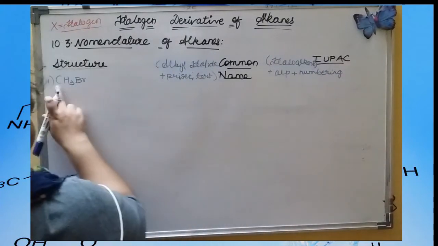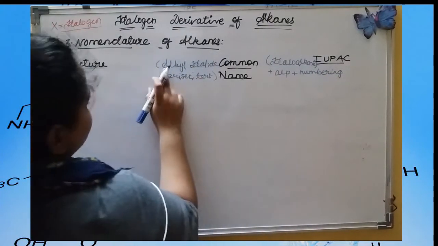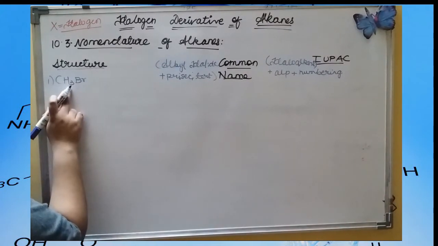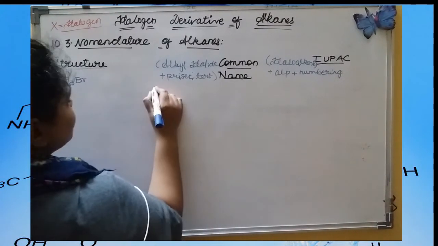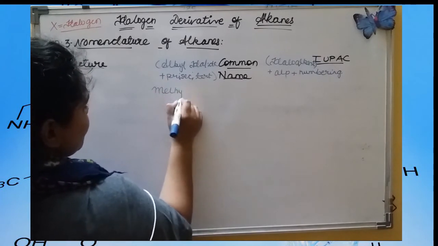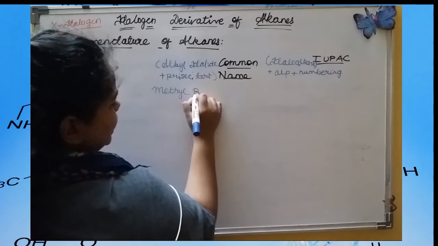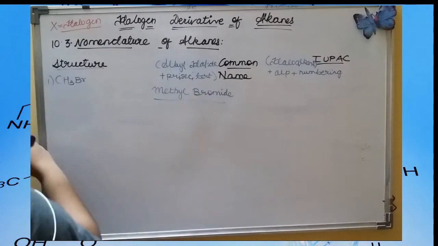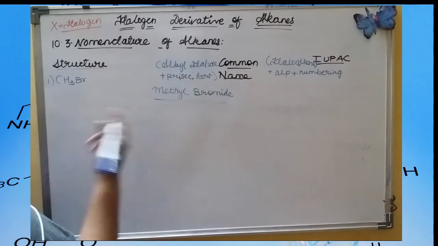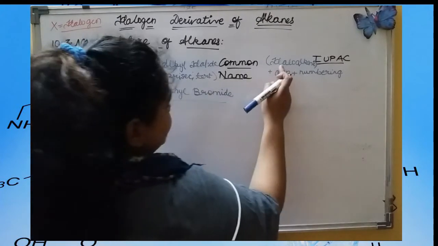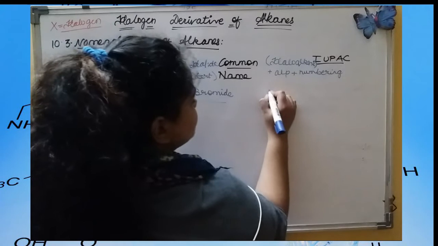So let us see CH3Br. Here the alkyl or alkane part is CH3, which is methane, so it would be methyl, and the halogen group is bromide. In IUPAC it would be simply, there are no branches or anything, bromomethane.